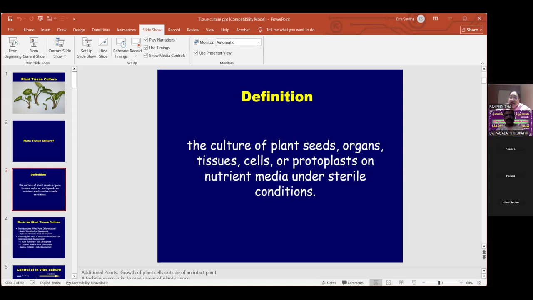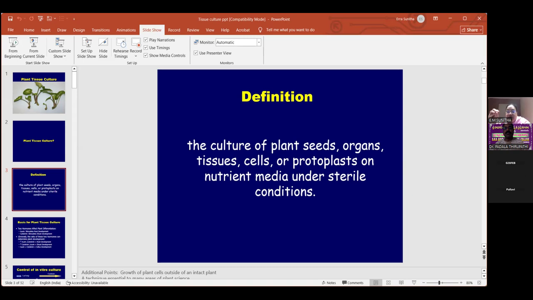The conditions are within nutrient media. Just like the animal system and plant system, we require food for our survival. In the same way, because we are doing this under in vitro conditions, in vitro means under laboratory conditions, outside. Whereas when it is done directly inside a living cell or a living system, you call that in vivo conditions.